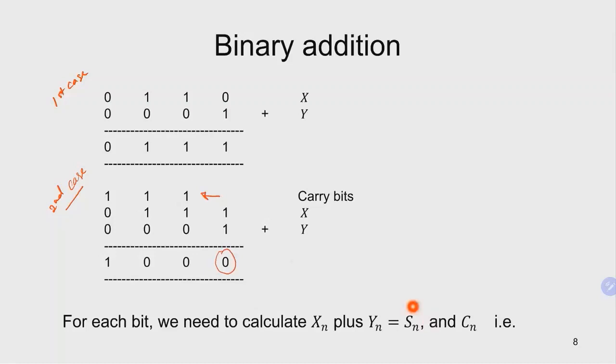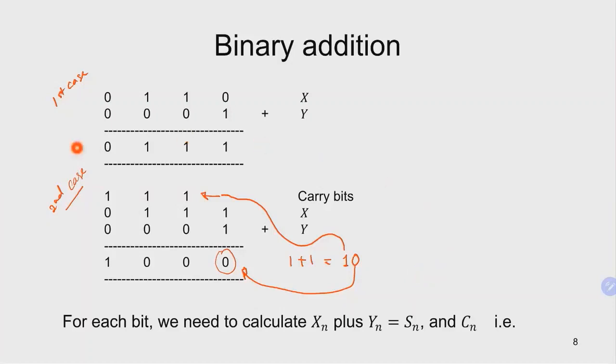So 1 plus 1 gives us 1, 0. The 0 is the sum bit, and the 1 here will be our carry bit. And that carry bit will be added to the next column. So here we have again 1 plus 1 gives us 1, 0. Again, the sum is 0, and then we carry 1 bit over to the next column, and so forth.